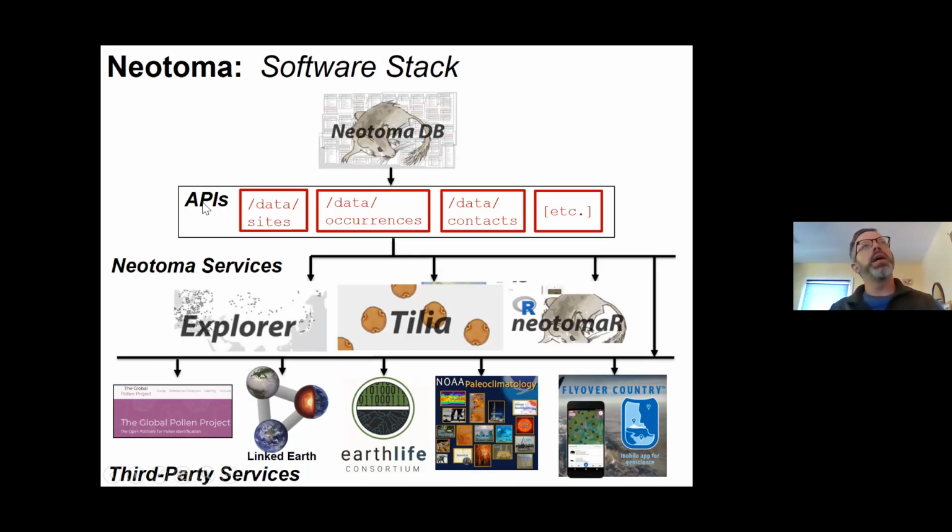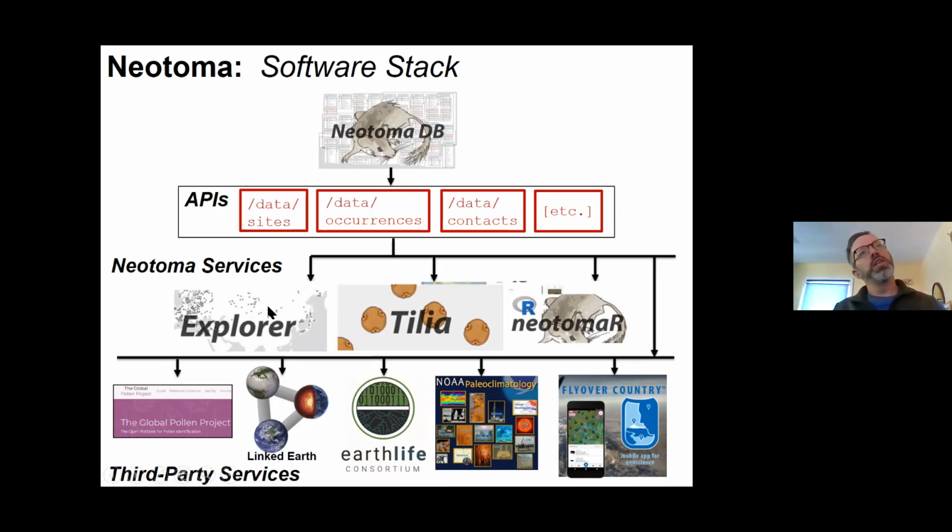And then you have the APIs, these programmatic endpoints that allow people to query into the database, which otherwise is firewalled, and you just can't go in and start to touch the data willy-nilly. But the APIs are specified programmatic access points that allow you to go in and pull data, to get the site data, or the occurrence data, or the contact info for the investigators, and so forth. So this API layer is the primary layer that allows the outside world to access the database, mostly for the purposes of getting data.